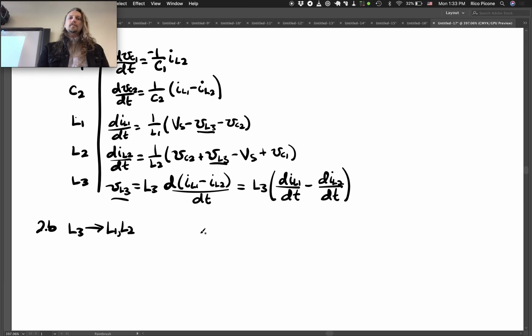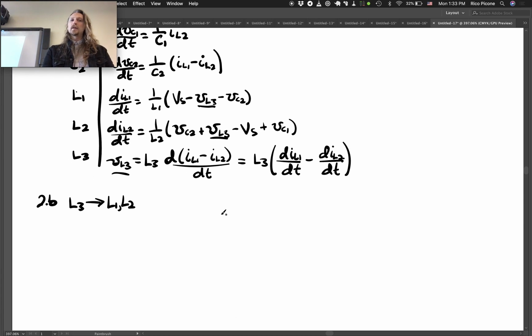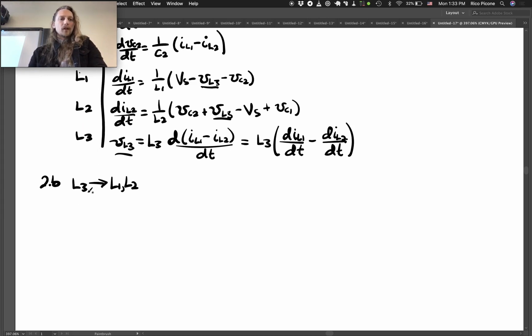It's going to get kind of big and expansive, but let's do it, and then we'll see what we've got, okay? So for the L1 equation, we'll do L2 as well.